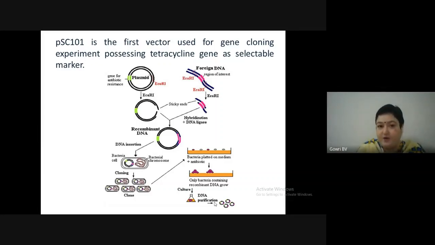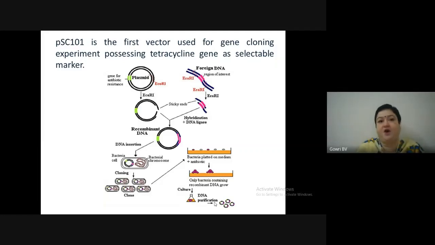I already told you the organism that possesses this plasmid will resist tetracycline, so it will grow on the plate incorporated with tetracycline. Since the antibiotic resistance gene is used to select the recombinant molecule, it is called a selectable marker. Hope it is clear to you all.